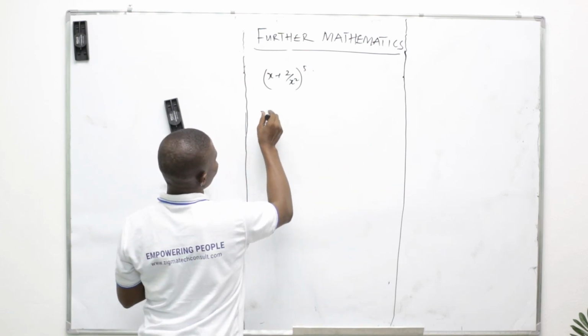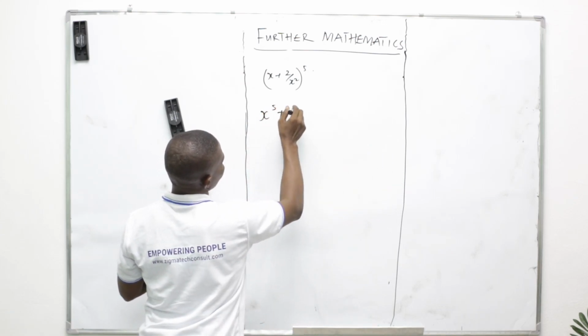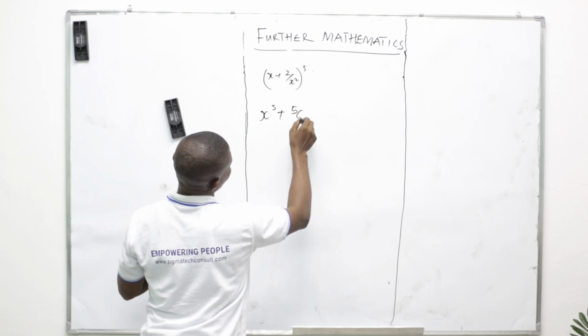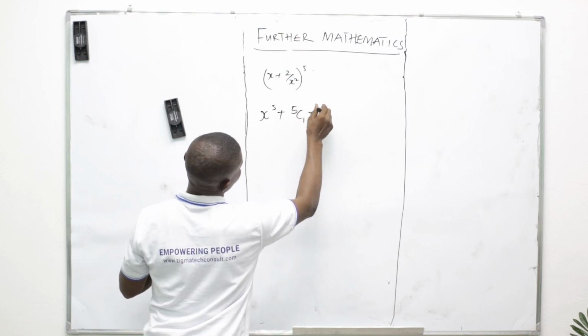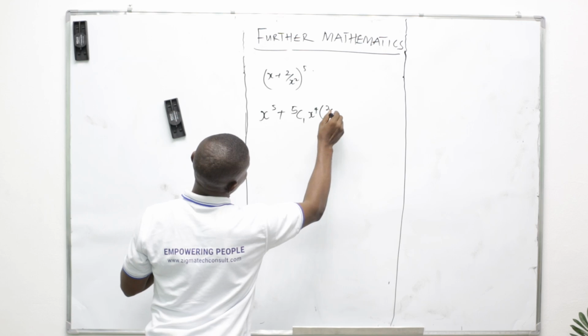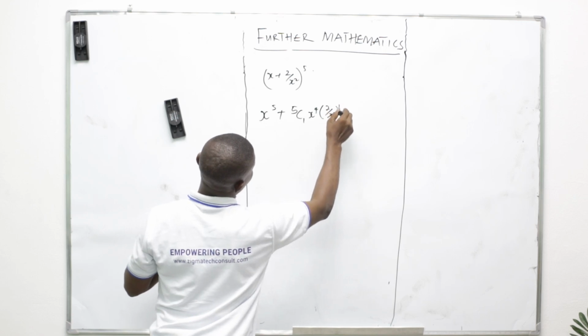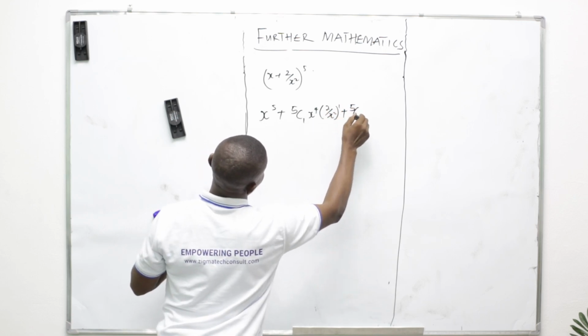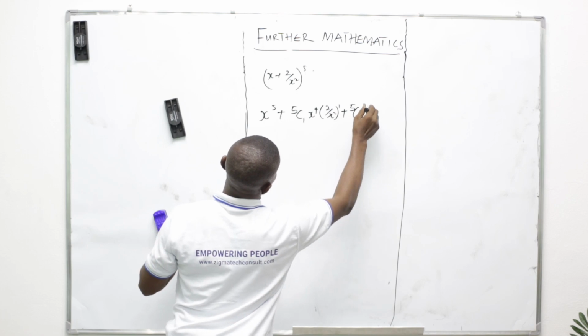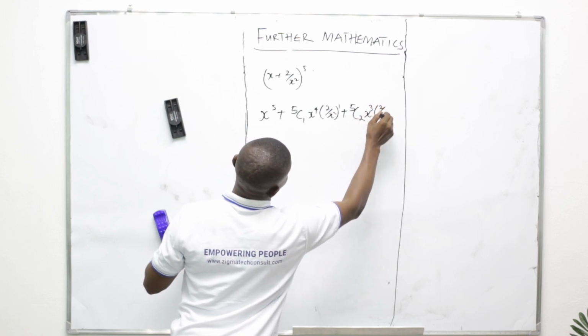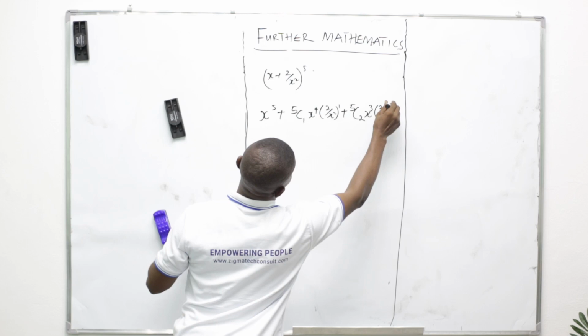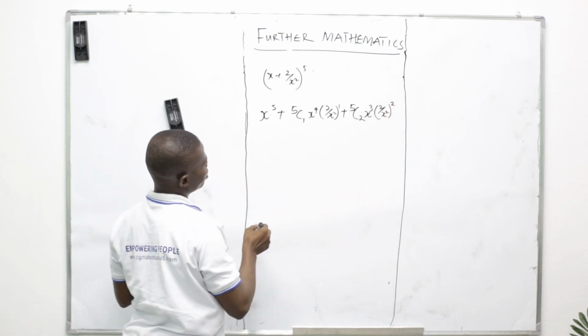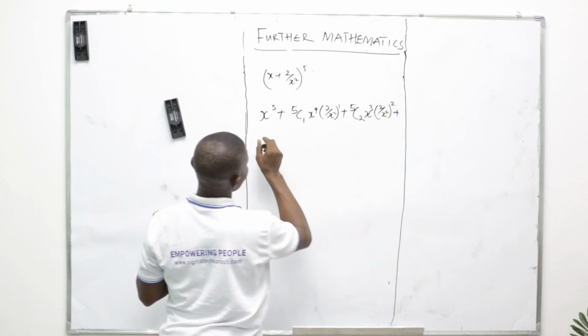So I have x to the power 5 plus 5 combination 1 into x to the 4 times 2 all over x squared power 1, plus 5 combination 2 x cubed times 2 all over x squared power 2, plus dot dot dot.